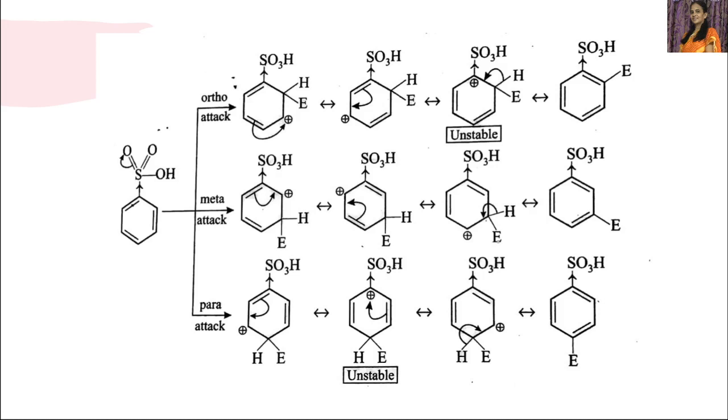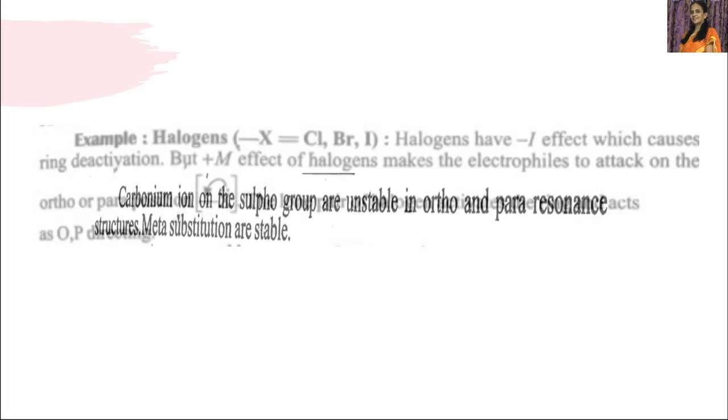These carbonium ions in the ortho and para attack, where the carbon to which the SO3H group is attached bears the charge, are less stable. Because of that reason, whenever the SO3H group is present on the benzene ring, the incoming electrophile has to go to meta position. That is, this group dictates the incoming electrophile to go to meta position only, because it is a ring deactivating group. Okay, next.